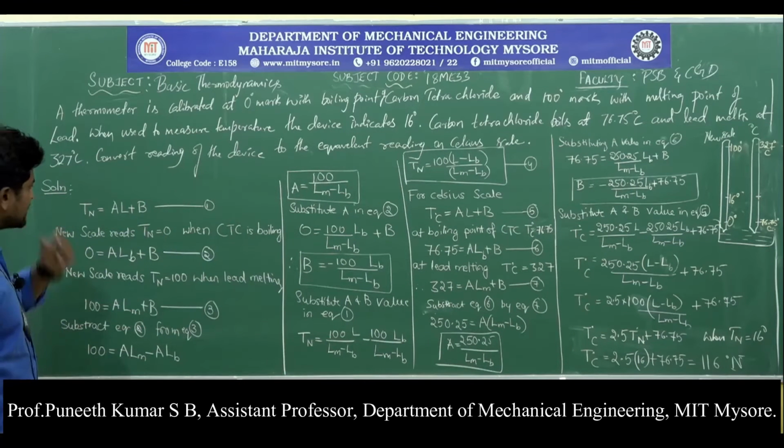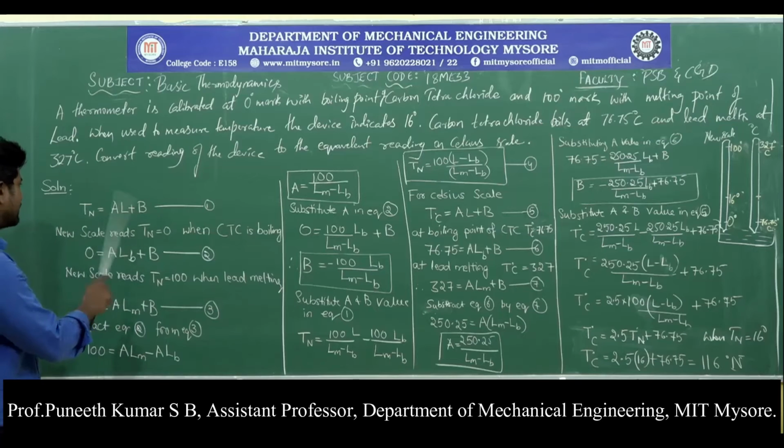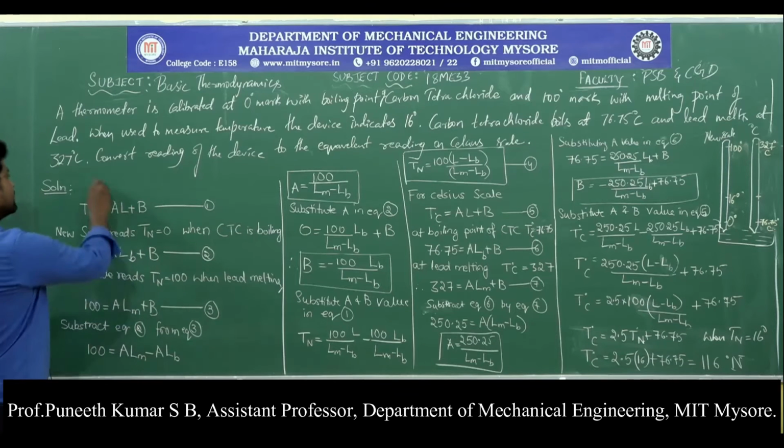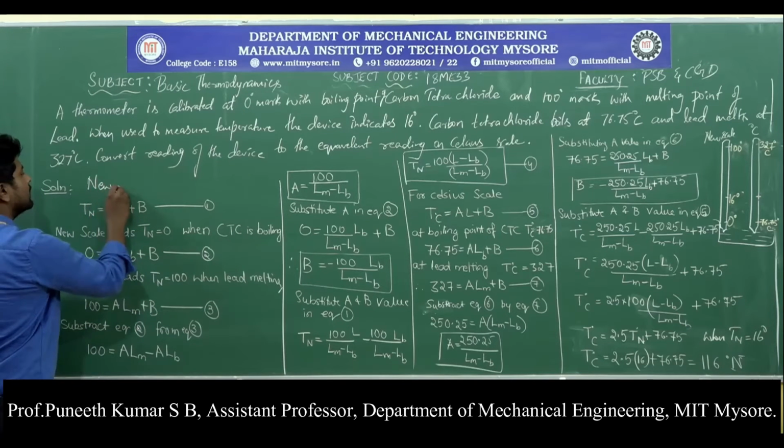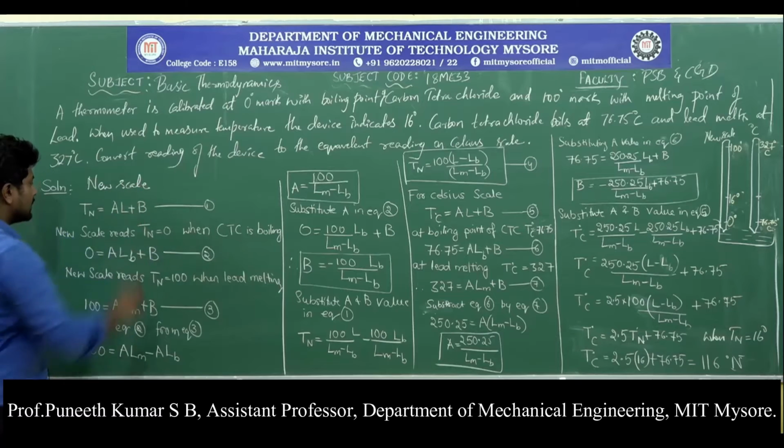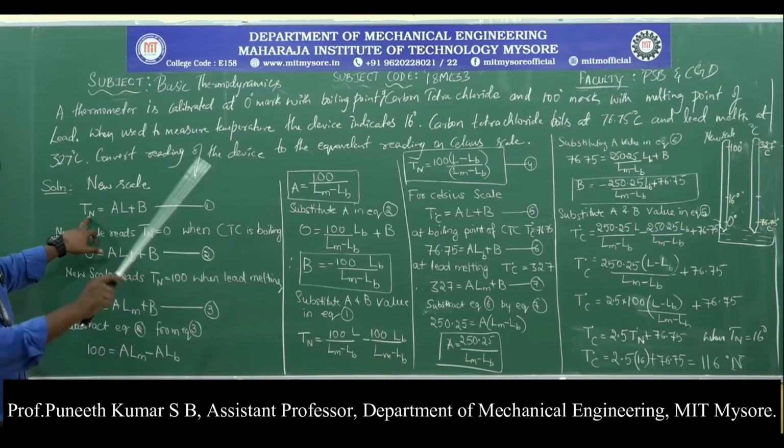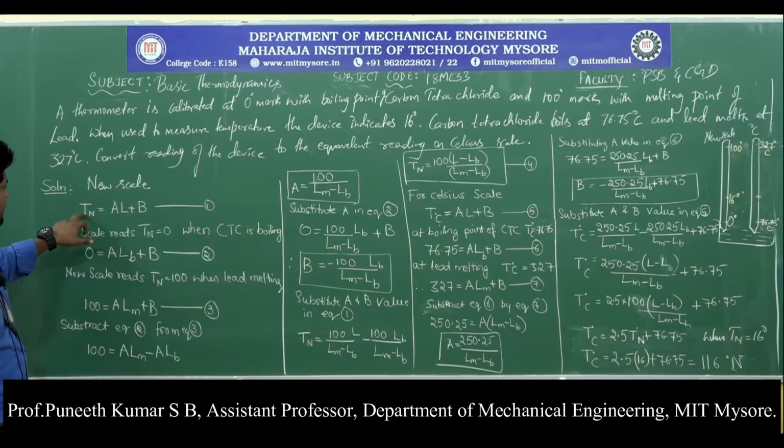So the very first thing is the linear equation which has been written for the new scale. It is a straight line equation. N represents the new scale, T represents temperature, A and B are constants, and L represents the thermometric property.